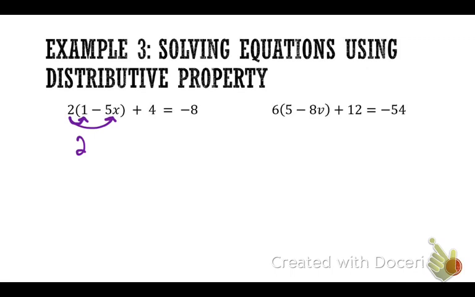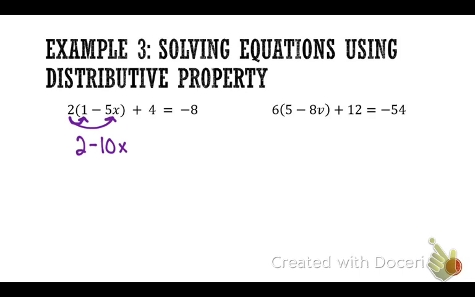What's 2 times negative 5? Negative 10, and then we bring down the x. So the reason we have a subtraction sign here is because 2 times negative 5 was negative 10. So if it had been positive 10, I would have put a plus sign there.